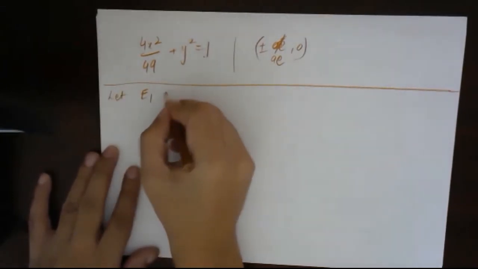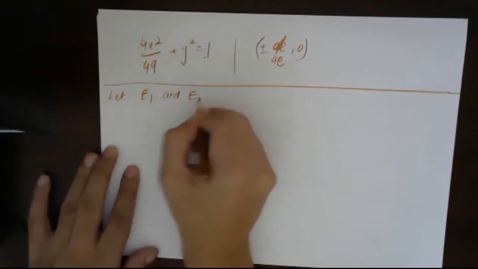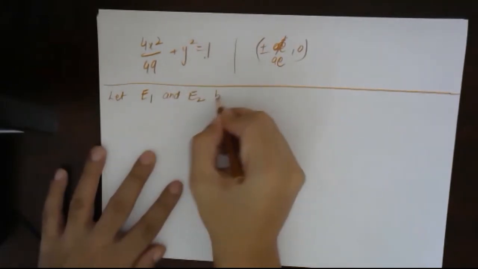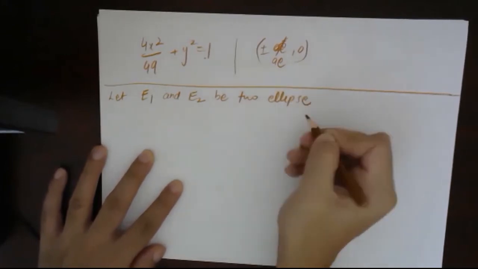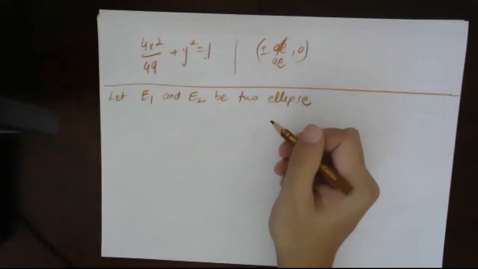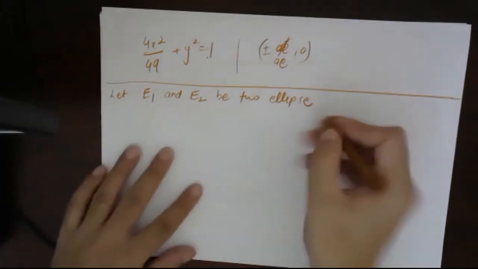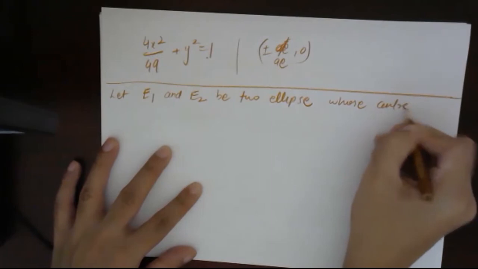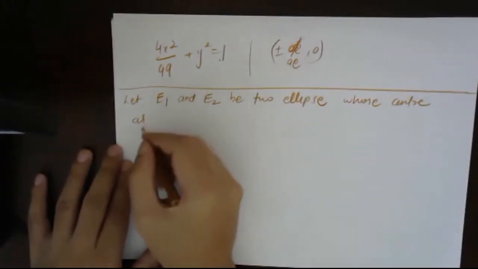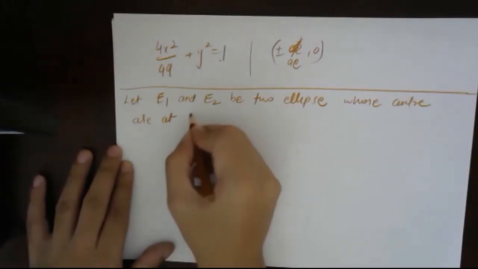Let E1 and E2 be two ellipses whose centers are at origin.